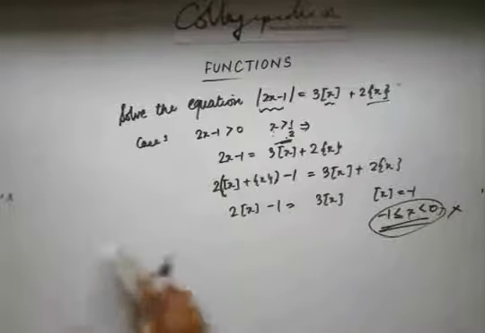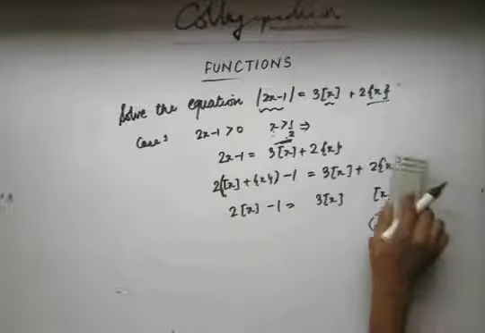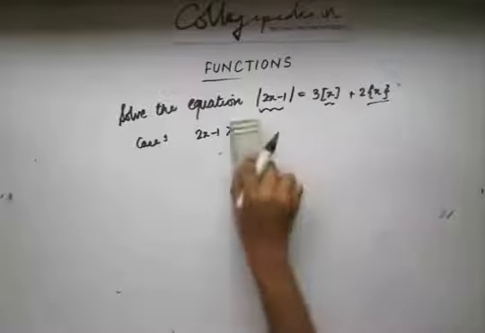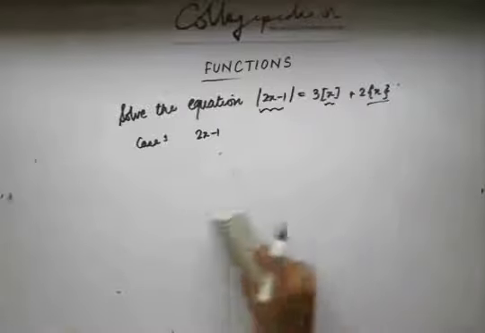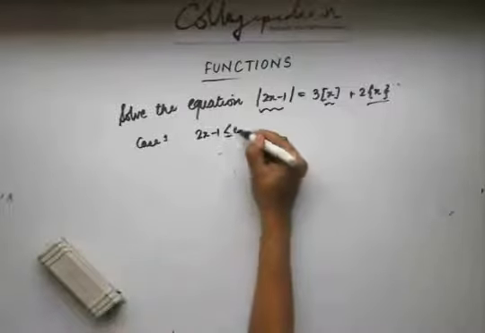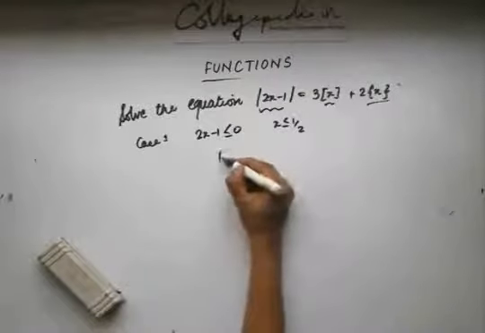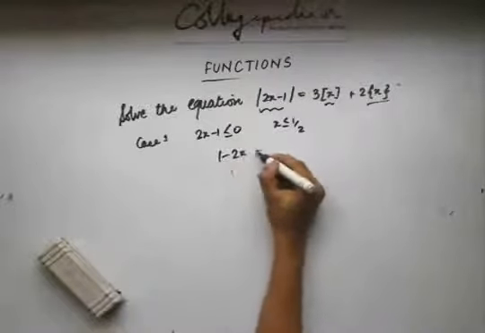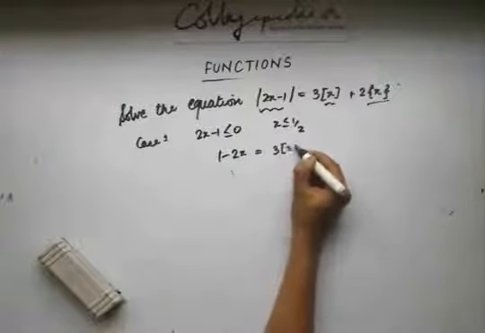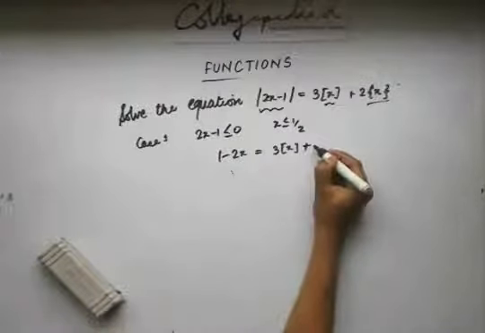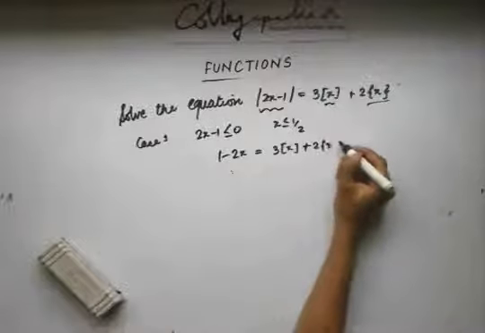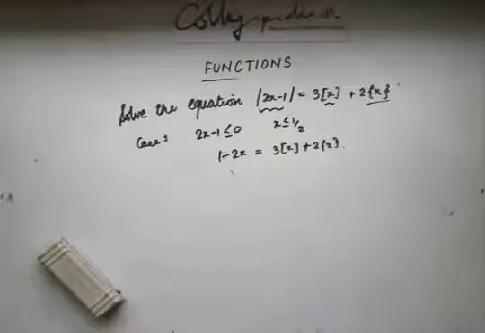Let's see what we get using the second case, when 2x minus 1 is less than 0. Let's assume that 2x minus 1 is less than or equal to 0, or x is less than or equal to half. This equation gives, okay.